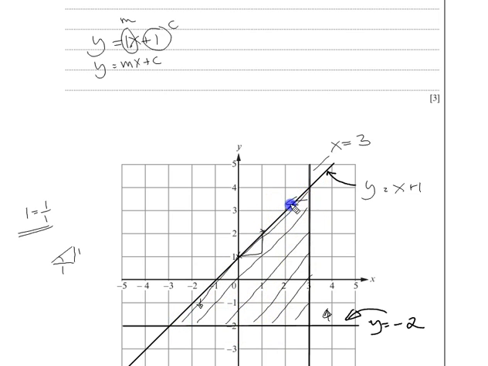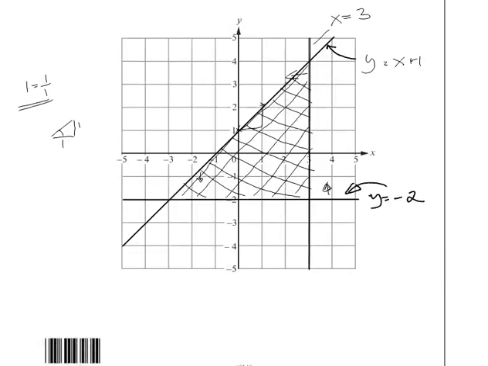You could draw some cross lines to doubly shade it so there's no confusion whatsoever. Alright, then there's the region all highlighted there. And that's that question done.